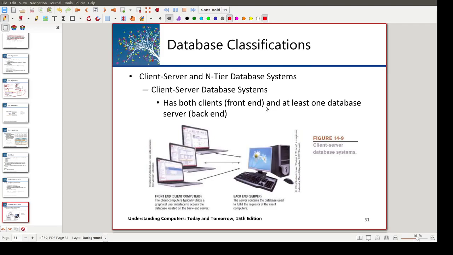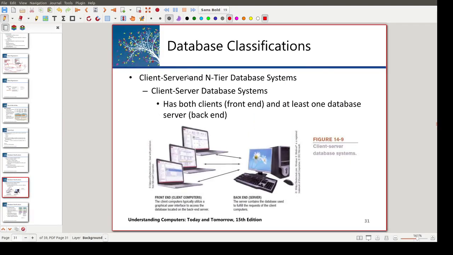This is very common if you go to, for example, large supermarkets like Fathallah and so on, that have many branches. Every cashier has a front-end client, and they are all connected to one database server at the back end. Okay.